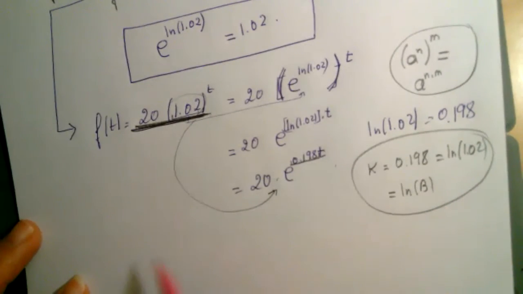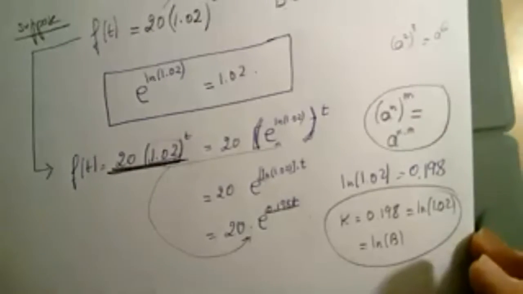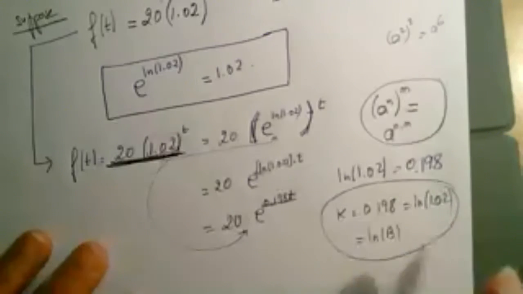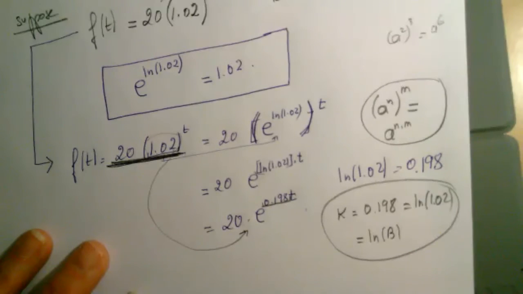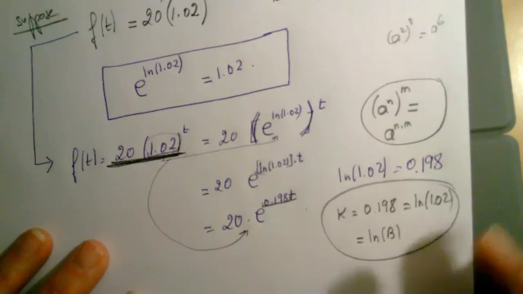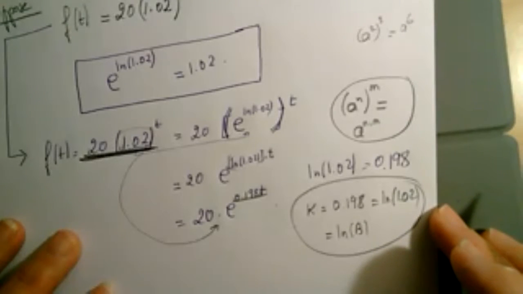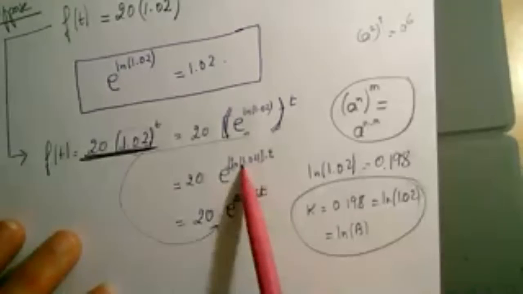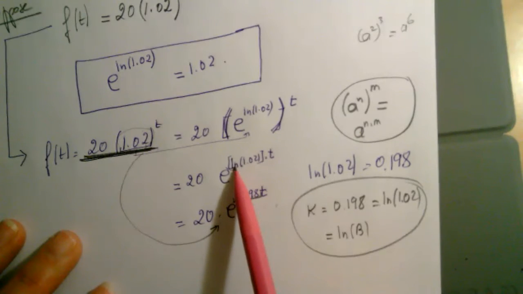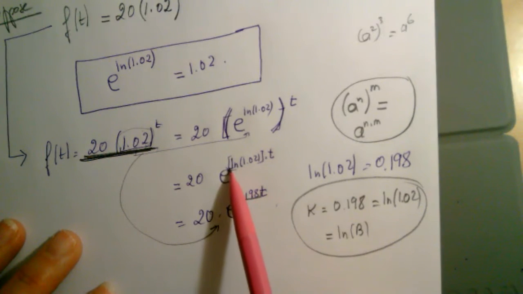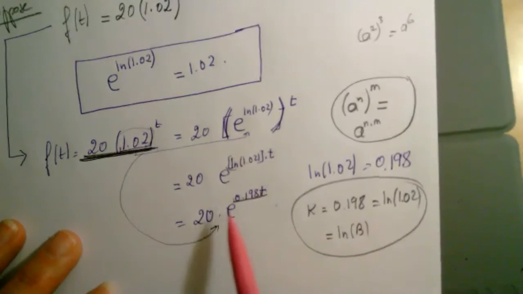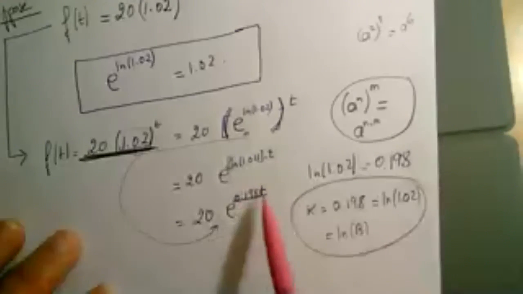Now, one thing that's confusing. Yes, please go ahead, Roxanne. I thought when we put e to the ln or whatever, you get that back. Like I thought it would just equal 1.02, right? Yeah, because when you raise e to the ln, you get back the 1.02. But I don't want that. I want to keep it as k times t.